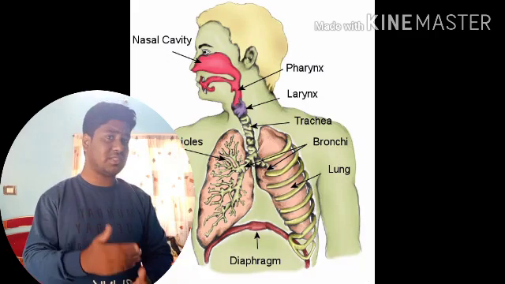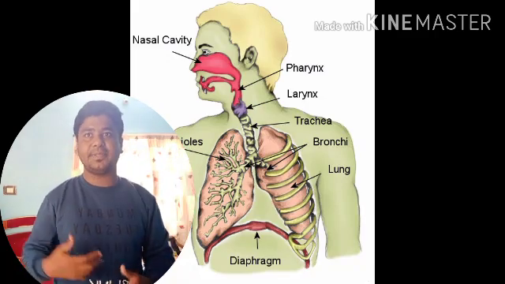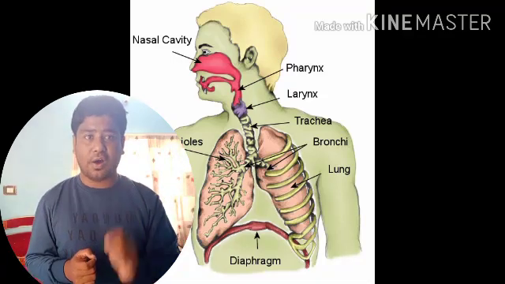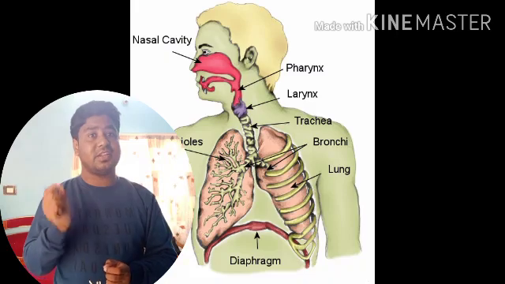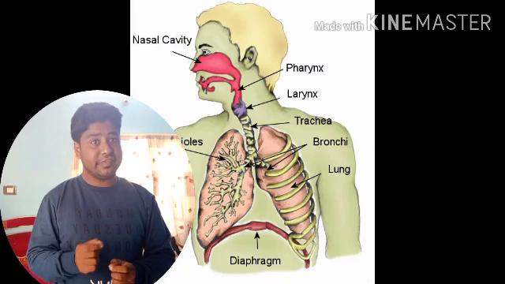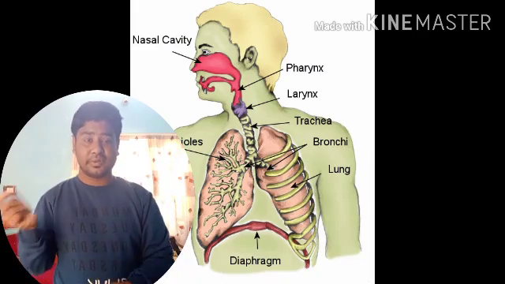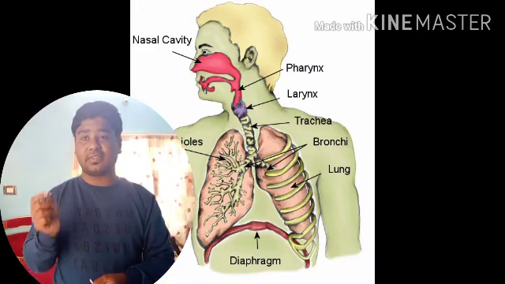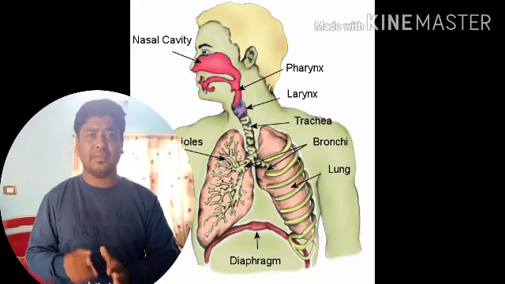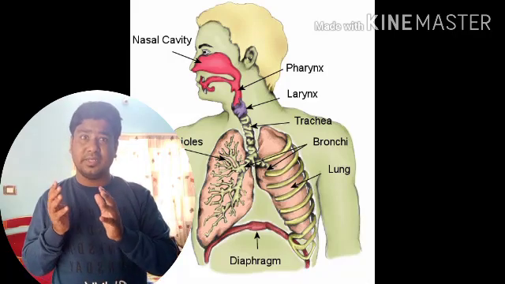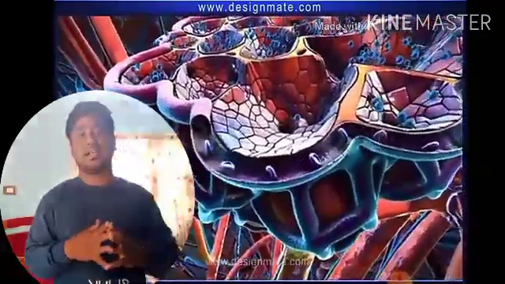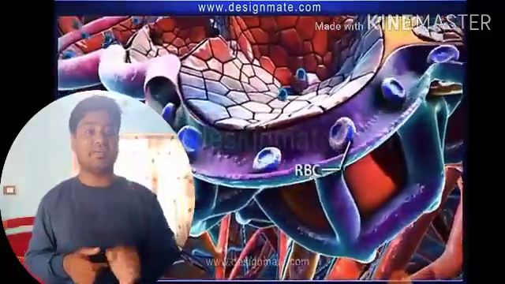What gases? That we studied in breathing. The oxygen we have inhaled reaches the alveoli chamber, where a lot of blood capillaries are connected to the alveoli, into which the oxygen should enter. Before that, what happens from the body? The waste is generated in the form of carbon dioxide. That carbon dioxide is taken to the lungs through the blood vessels and joins the alveoli.